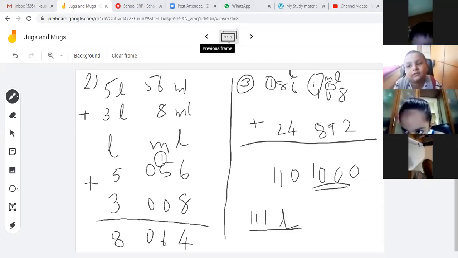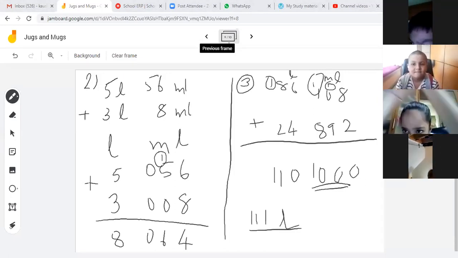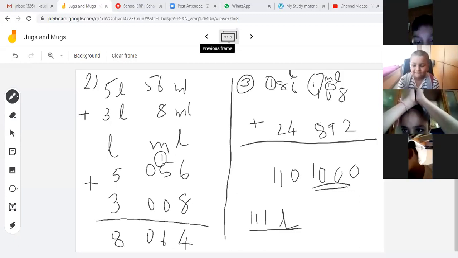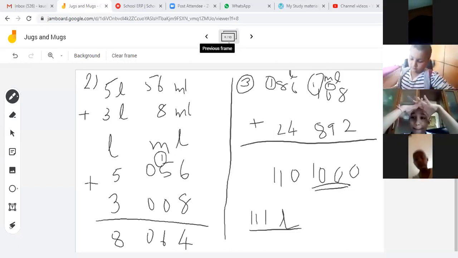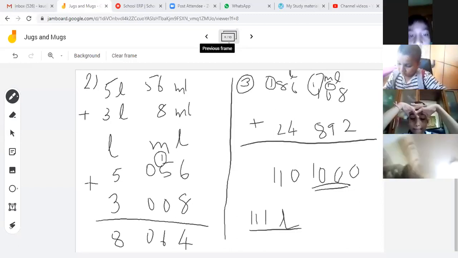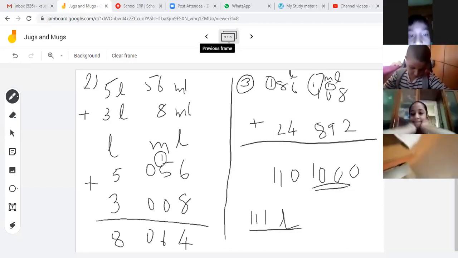Yes, Shika, more homework. I'm going to put it in the diary for you, right? Worksheet number 53 and 54 is your homework for the day. That's it. Not much. Very easy. You'll find those examples very easy.